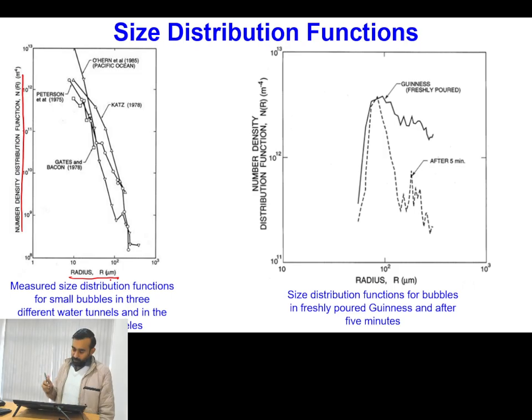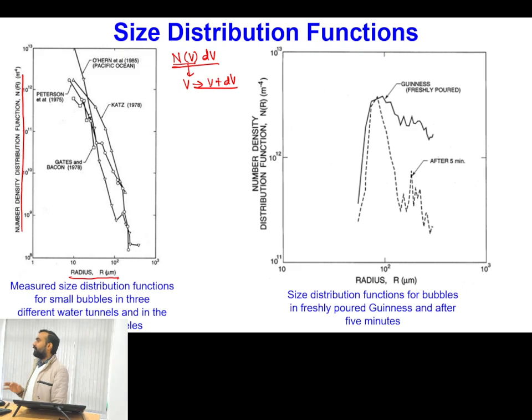Basically, as I told you, if I write N(v) dv as my particle size distribution function, it means that N(v) represents the number of particles having diameter in between v and v plus dv. Okay, is this point clear?